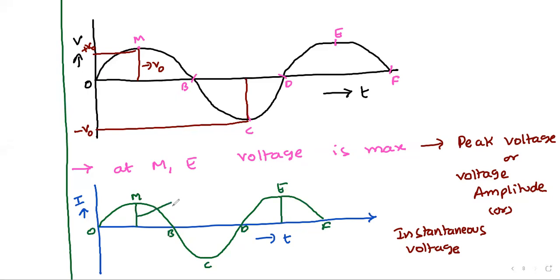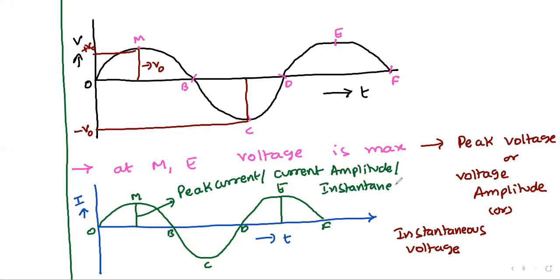So this can be called peak current or current amplitude or instantaneous current.